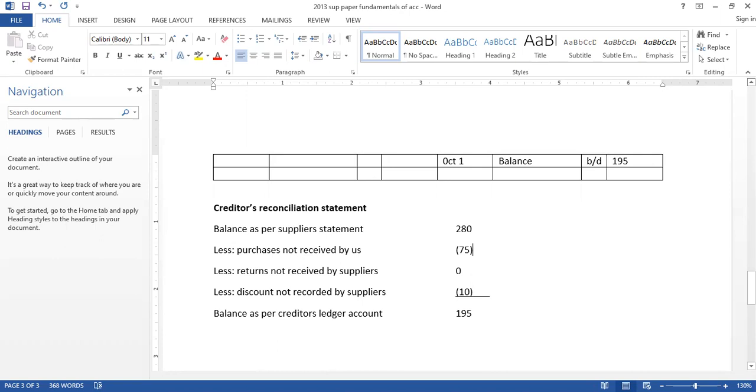It's not yet presented to the bank for it to be cashed out or processed. Is it clear, or can I repeat? Yes, Sarah, it's clear. Okay, thank you very much.